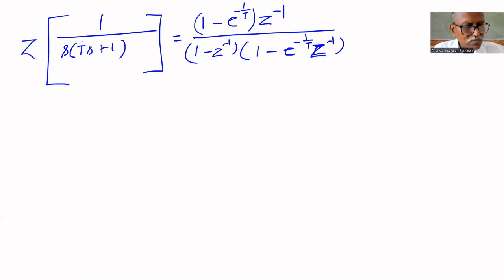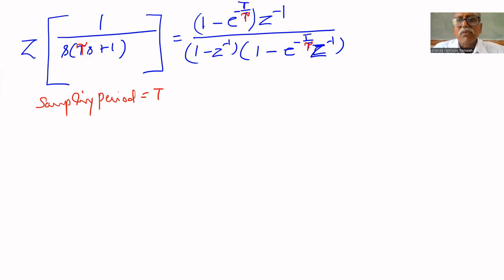Let us put this as tau. The sampling period is t, therefore t by tau.